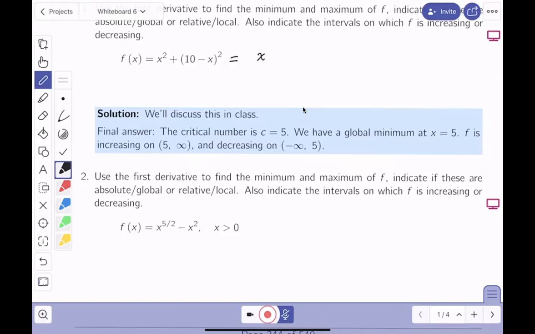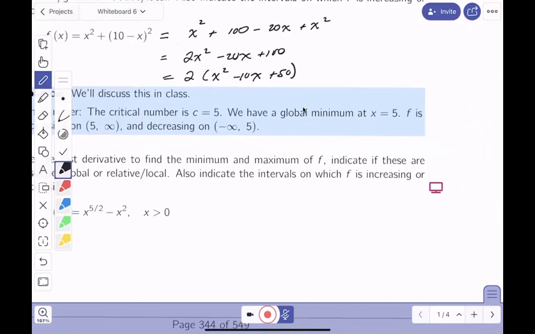This would be x squared plus 100. Let's see, that would be minus 20x plus x squared. Wow, it's complicated. 2x squared, let's see, minus 20x plus 100. Wow, it's a lot of work. 2x squared minus 10x plus 50.